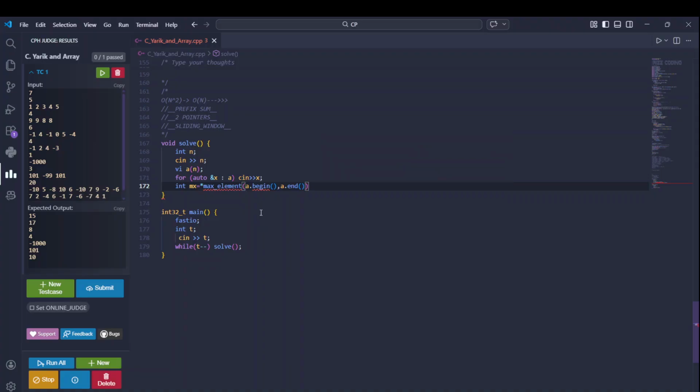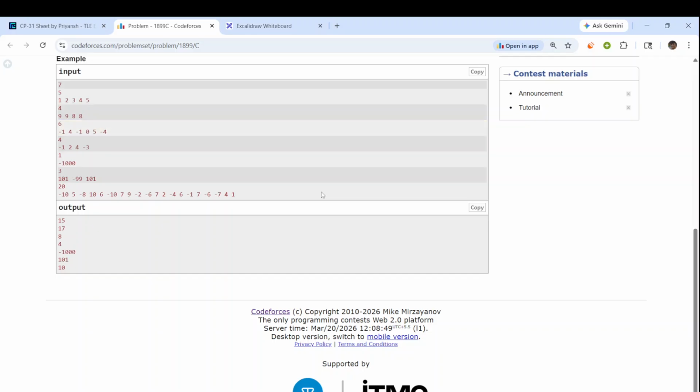See, this is always going to be my answer, the maximum element, obviously. Now I have to find all such combinations. If the sum of the combinations is greater than my max element, then that's the answer. If not, then this is my answer. This is very simple to understand. But now, how do I find the main thing?